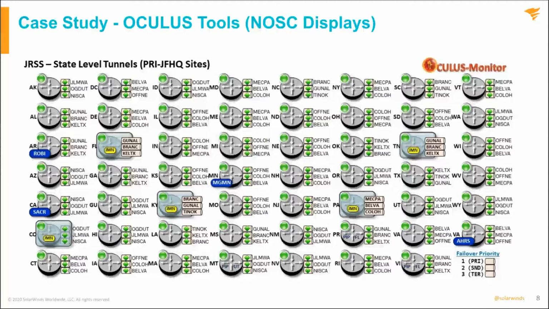Here we're looking at more of a network infrastructure layer, so we can see if there is an issue with the WAN device, and then looking at the primary, secondary, and tertiary sites, we can determine if there's an outage or issue with those different states or areas, and then get a more detailed view.